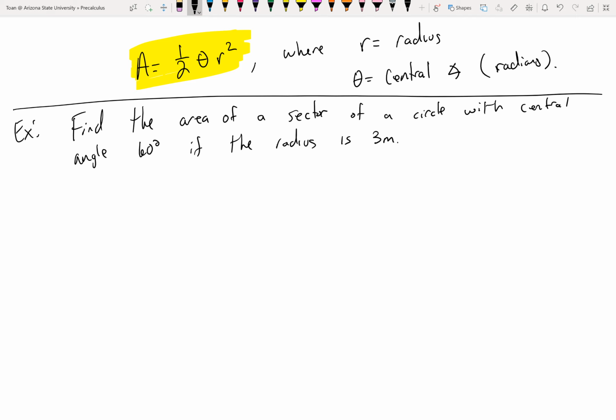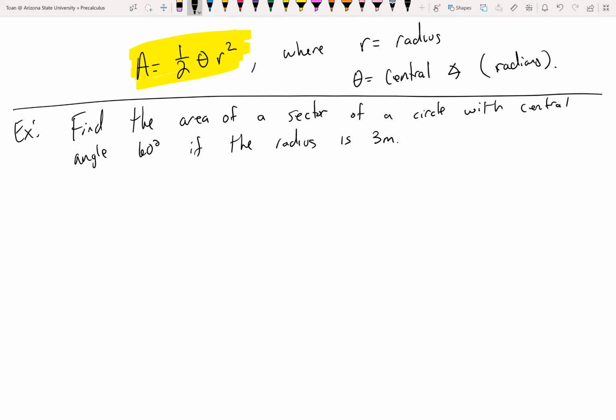Again, they gave it to us in degrees. We can go ahead and convert this. We should know that 60 degrees is pi thirds radians. But let's just pretend that I'm too lazy. I don't want to convert. But oh no, I can't use this formula because this formula only uses radians.